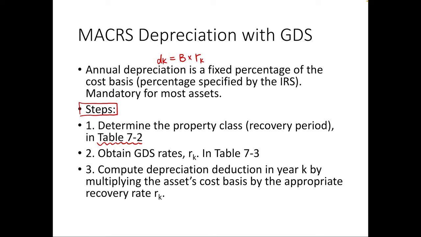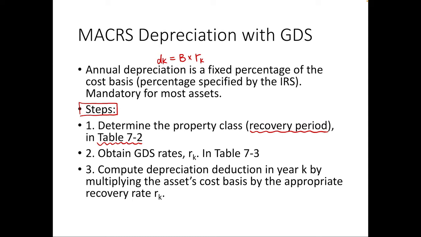Okay, that's the first thing. And the reason why you want to know the class is you need to figure out the recovery period. This is how many years that property can be depreciable. Okay, so first thing, you need to determine the class of the property by using the table 7-2, and then determine the recovery period in that table.